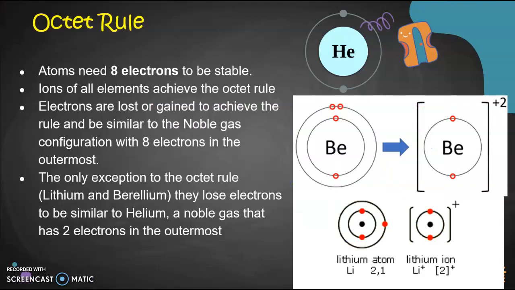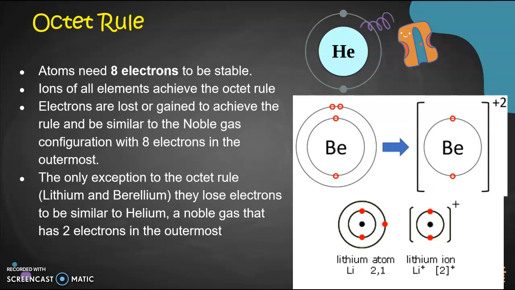And there are more exceptions to the octet rule, and these exceptions are for the elements that would tend to look like helium, which is also a noble gas. But since helium has only 2 electrons which are located in the first shell, and you know for sure that the first shell is filled with only 2 electrons, for these elements, filling their first shell with 2 electrons is enough for them to become stable and become like helium.